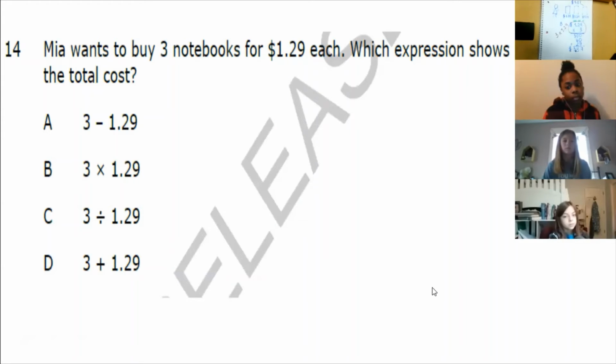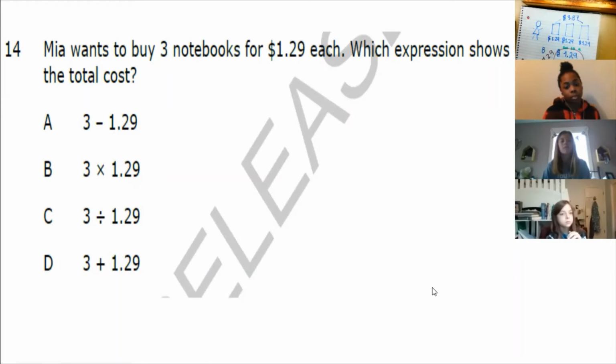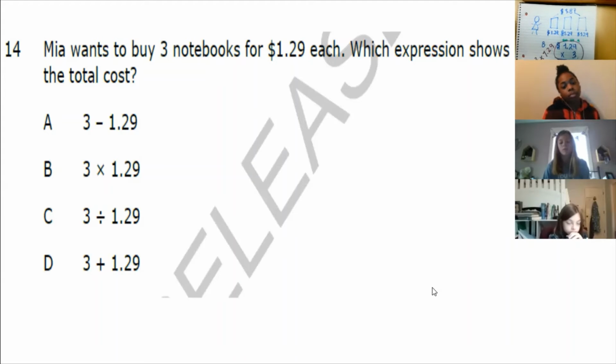Yeah, so as I did it with my friends in my group, right? Every time you have groups, and it's telling you that each costs this, it's either multiplication or division, but this time we wanted to know the total of all of them. So that would be a multiplication.